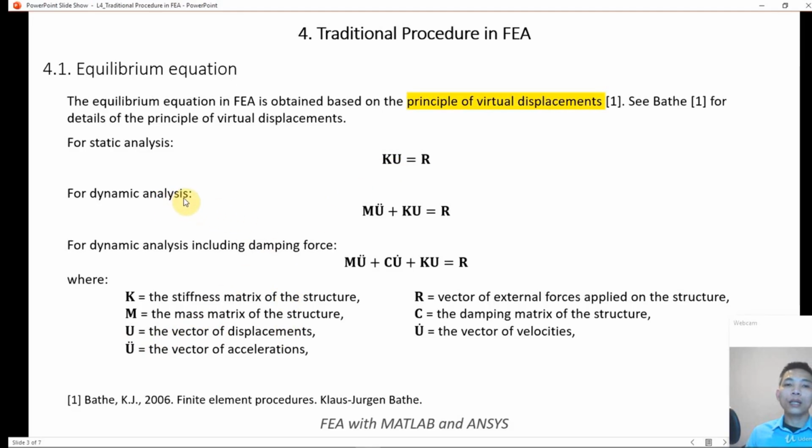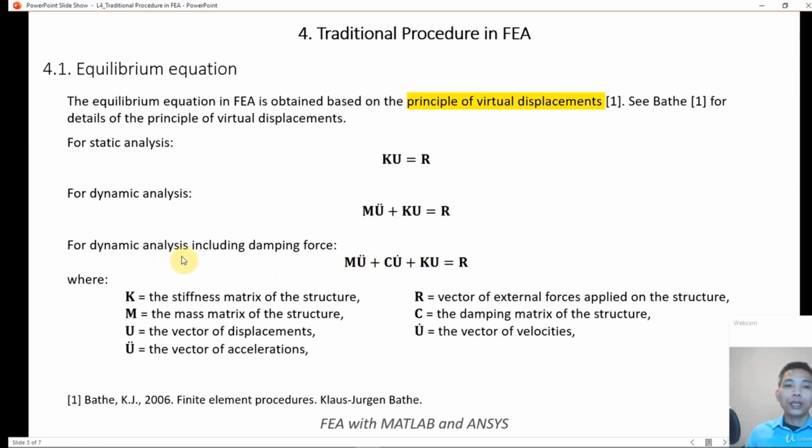For dynamic analysis, the inertial force must be included. So we have M multiplied with the second derivative of U with respect to time, which is mass multiplied with acceleration, plus KU equal to R. Here is the inertial force, and here K multiplied with U is the internal force, and it should be equal to the external force.